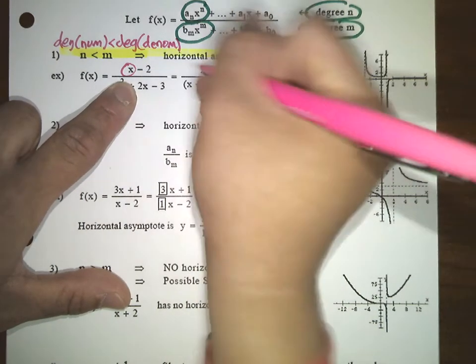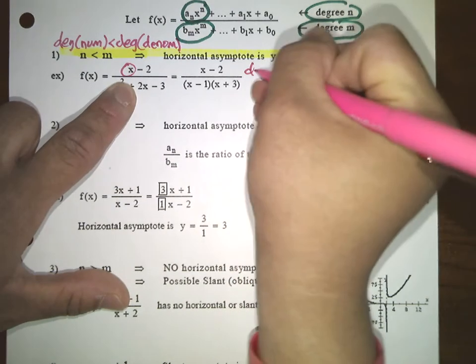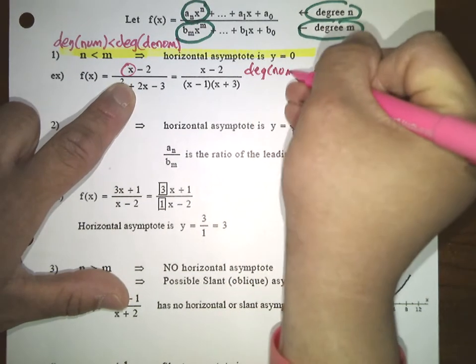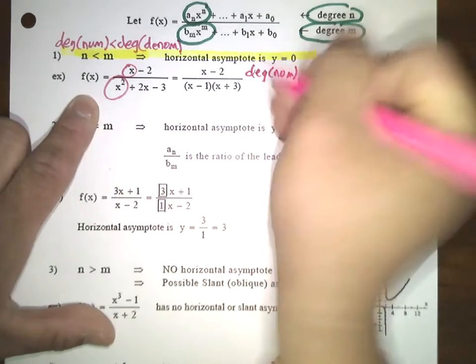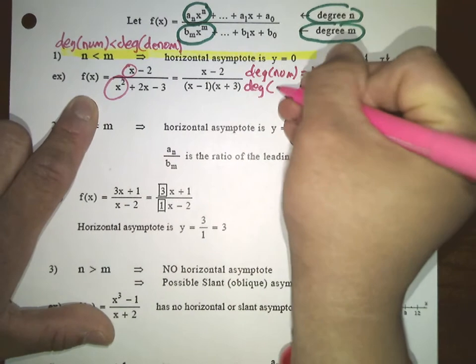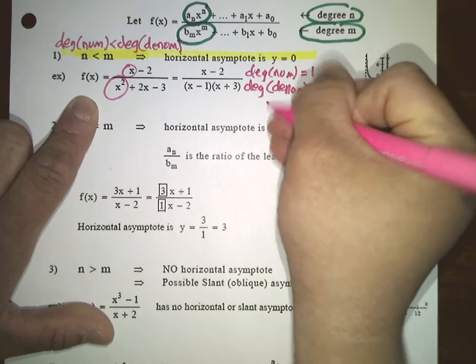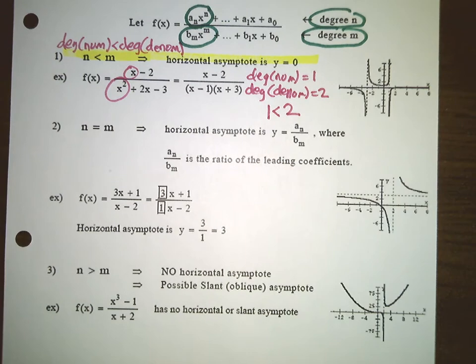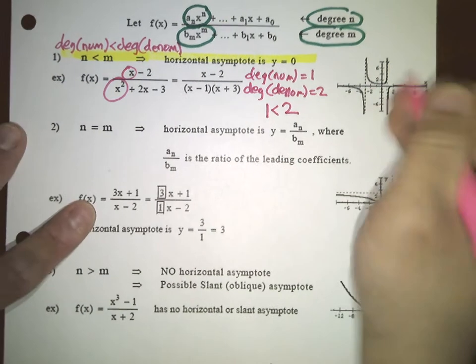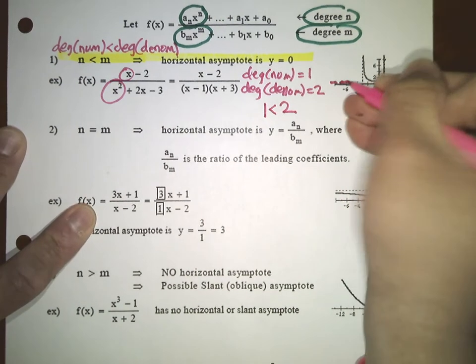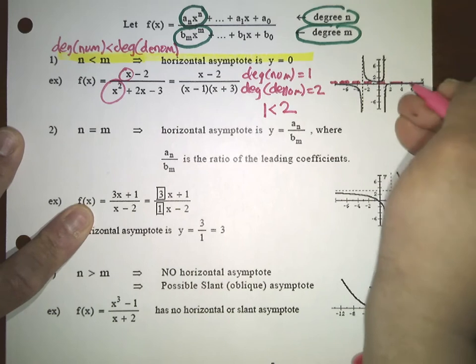So this was degree of the numerator was 1, and the degree of the denominator was 2. So since 1 was less than 2, we see that there was a horizontal asymptote of y equals 0 here.